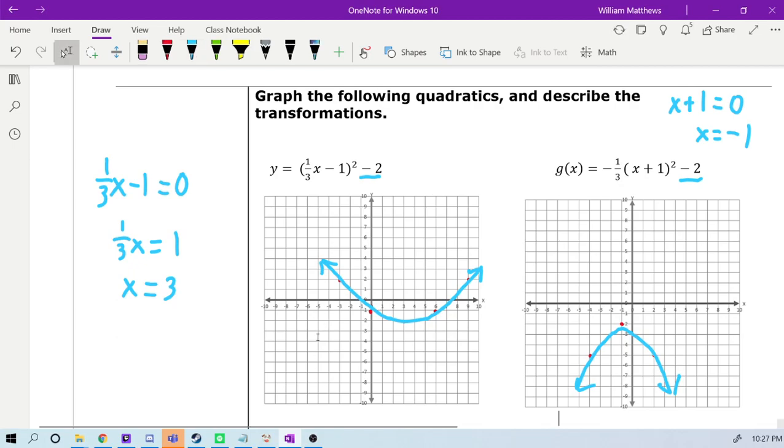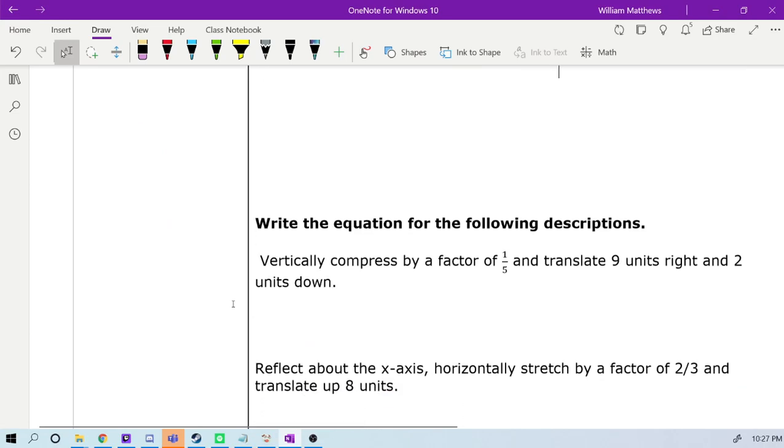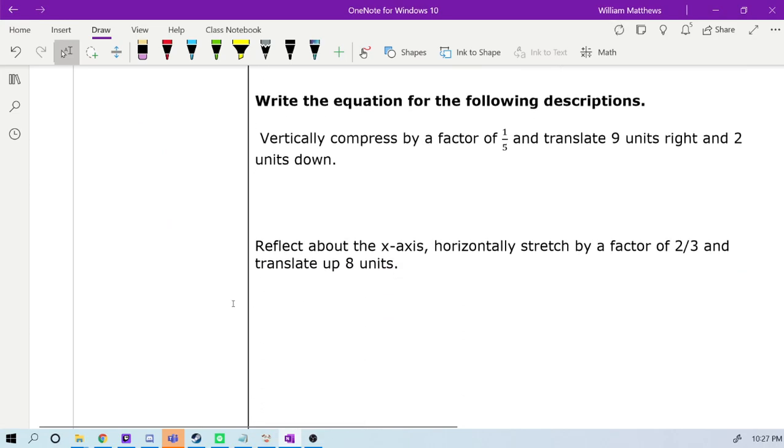Now, actually using the descriptions, we have to be careful on what they say. Our first one is fine. It has a vertical compression or stretch, so we can write it with the values that are all shown. Vertical compress is an A value. So it says vertically compressed by a factor of 1/5.